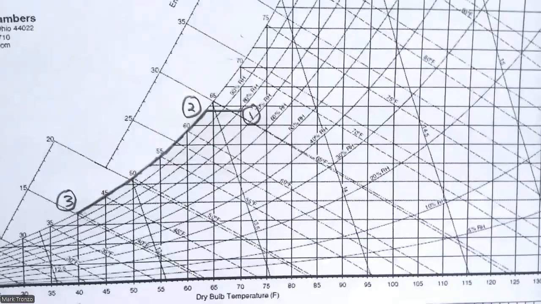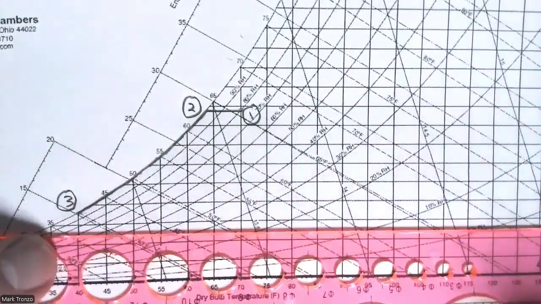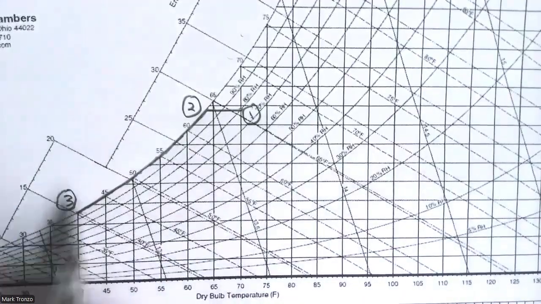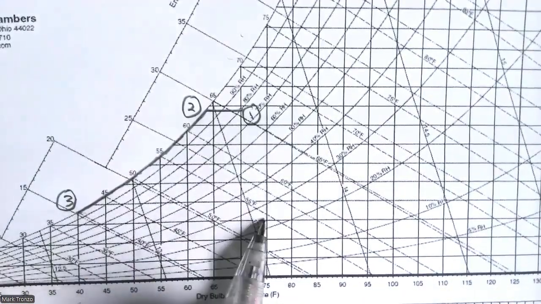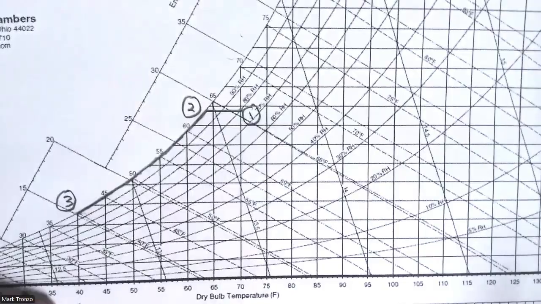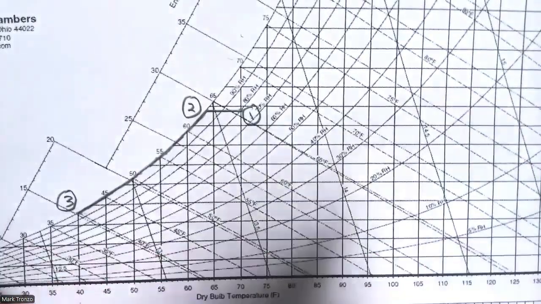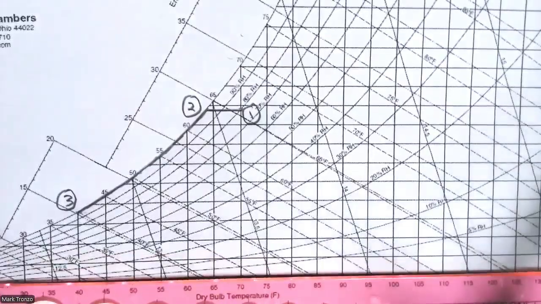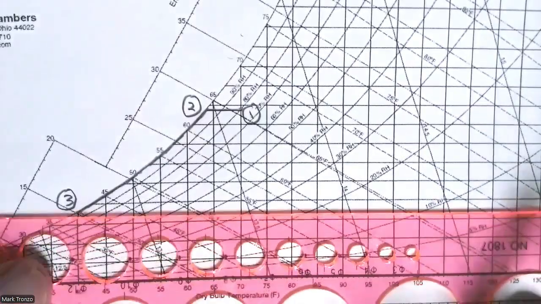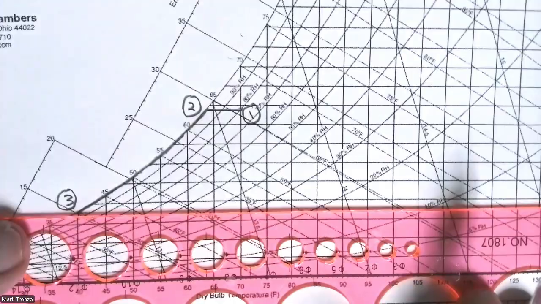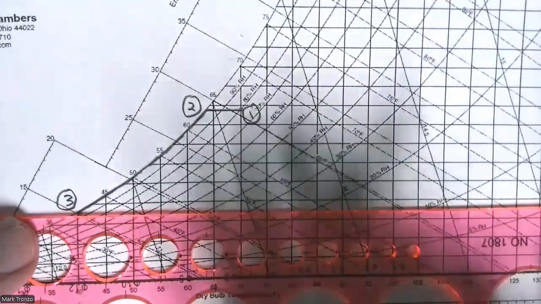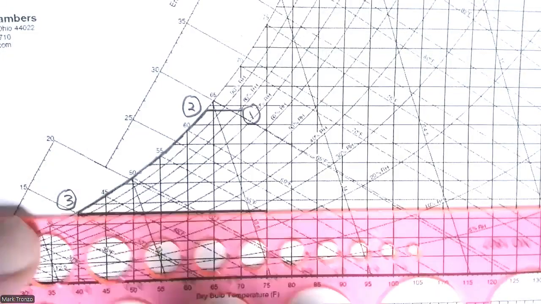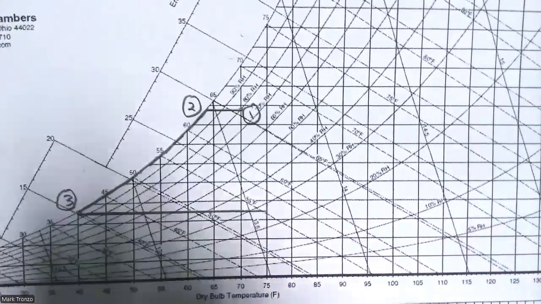Then finally, we're going to heat the air, and that means we're going to go horizontally to the right until we get to the 75-degree line. And notice here's the 75-degree line. Get to that point right there.